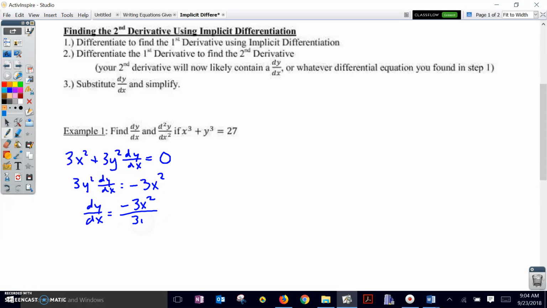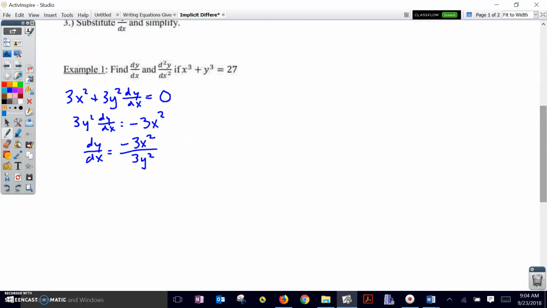And now it is highly advisable at this point in time to go ahead and simplify and reduce this fraction before we start taking the second derivative. If we do not, we put ourselves in great risk of having just way too many constants bouncing around that are completely unnecessary. Alright, so we've got dy/dx equals negative x squared over y squared.